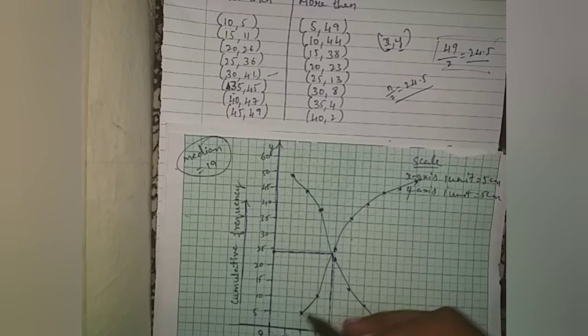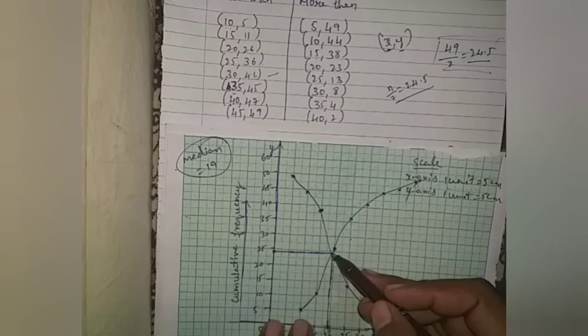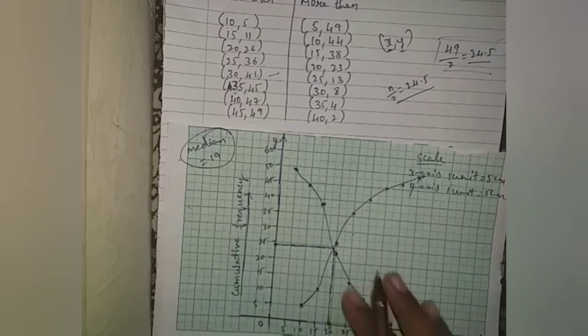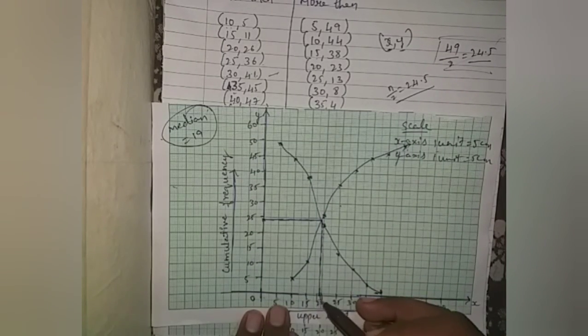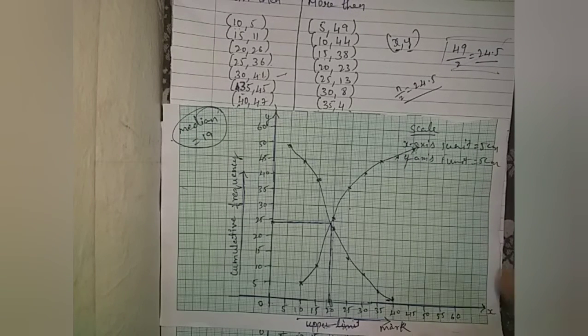You need to plot less than and you need to plot more than. The less than graph and more than graph will meet at one point. Just draw one line to the x-axis and you get the median. This is how we find the median in graphs. So this is how we plot the graph. Got it, guys? So this is the end of the chapter.